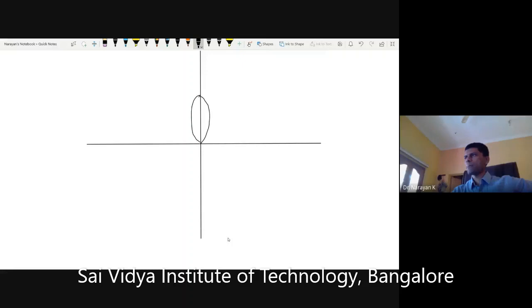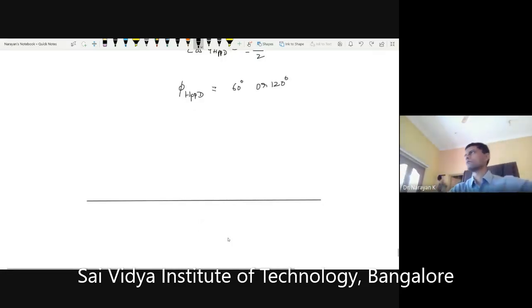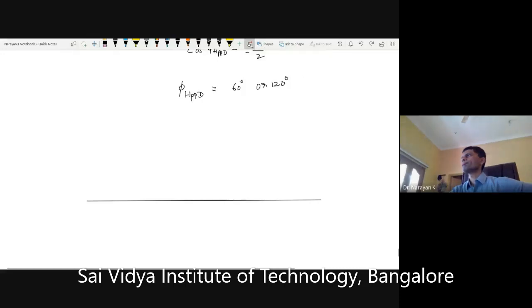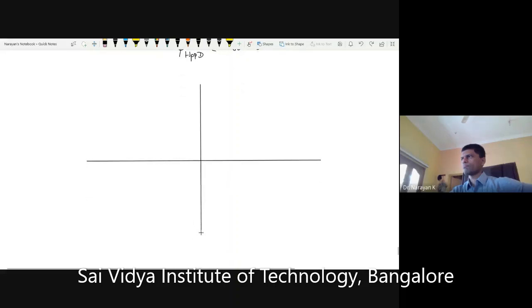Draw one H shape, something like this. Try to draw H shape here. So that is your radiation pattern. That is how it will come.